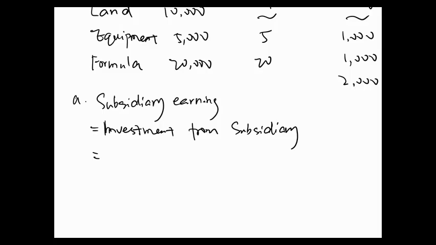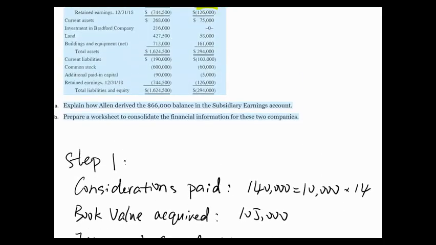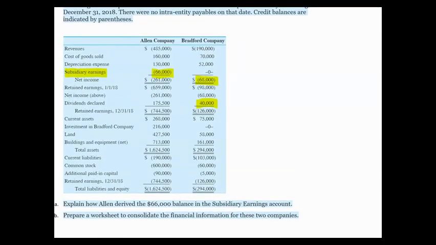And because it's using the equity method, this investment income from subsidiary should equal the subsidiary company's reported net income minus this $2,000 excess annual amortization, which equals 66,000. So that's how 66,000 is derived by Allen company.